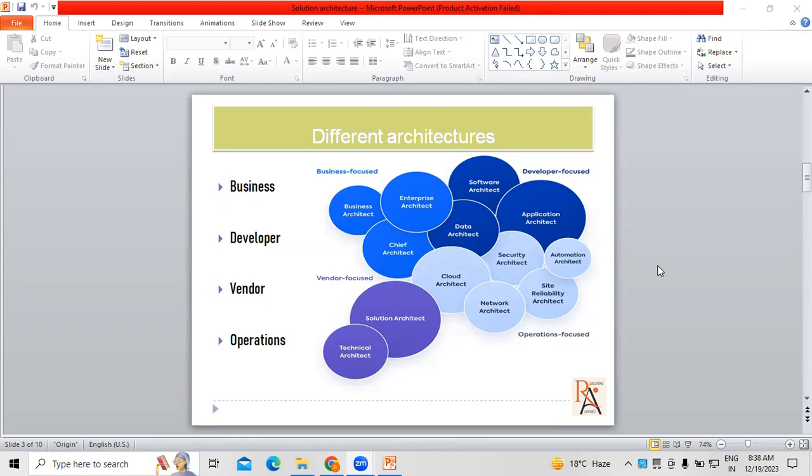But here there is a point to understand: the kind of services we opt for in cloud, because the services of cloud are of three different types. One is public cloud services, second is private cloud, and third is hybrid cloud. Public cloud services are the basic cloud services which anyone can use.